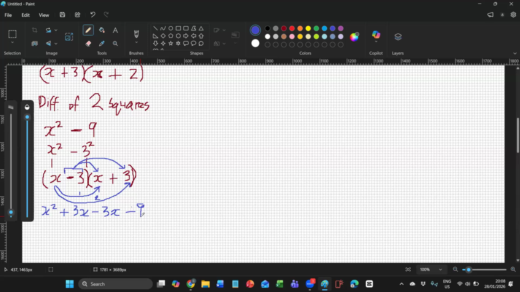The plus 3x minus 3x. Will the 3xs take away from each other? Yes, that's what will happen. 3x minus 3x is 0. So you are finally left with x squared minus 9.